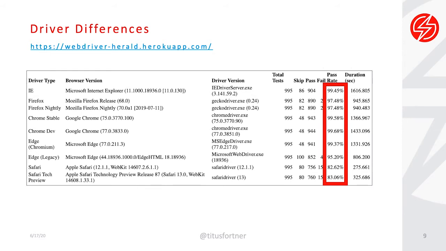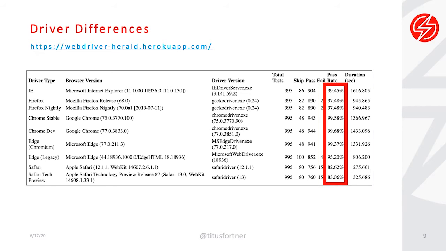Another frustrating thing is that we've seen fixes in some bugs in subsequent releases that then also break things that were working in previous releases. And so Apple feels like they're playing whack-a-mole a little bit with some of the non-compliant aspects of the Safari driver. So it's getting better, but it's still not great, and that could be a cause of your issues.